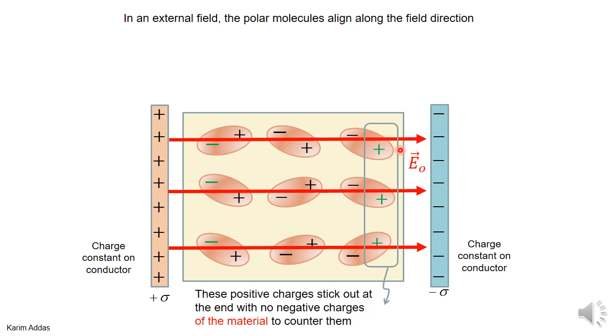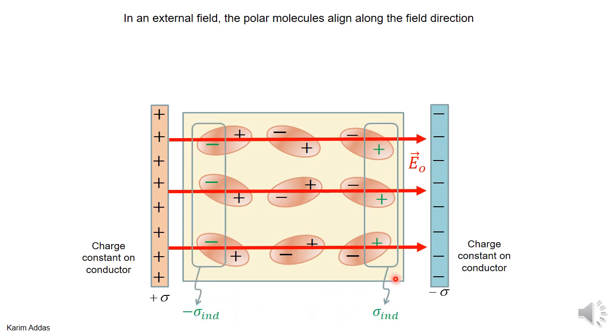There's no other negative charge of the material itself that will counter these positive charges. So it's as if you have a sheet of negative induced charge on the left, and a sheet of positive induced charge on the right.